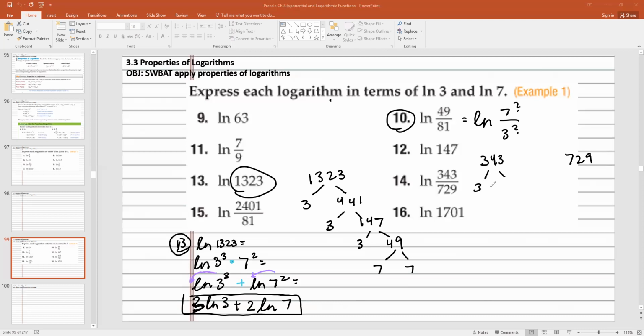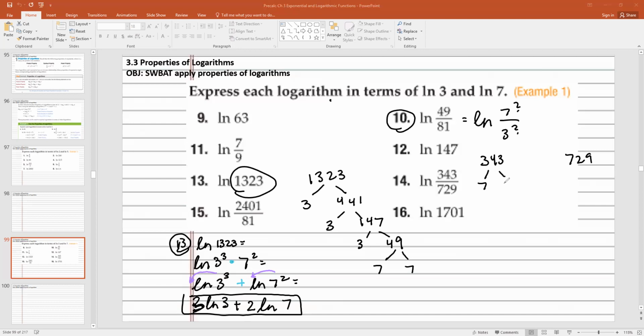343 is breaking up to 3. Nope. Okay. It's a nope because 3 goes into 3 once, and then 3 goes into 4 once. We carry the 1 and get 13. 3 does not go into 13, so let's try 7. 7 goes into 34.